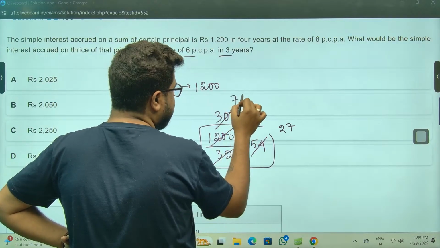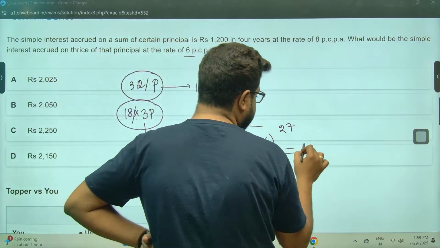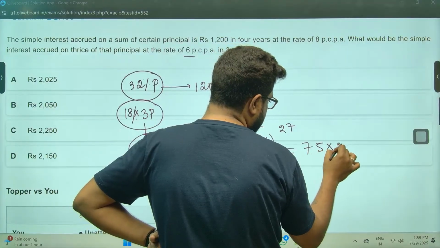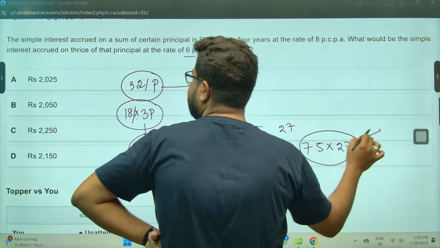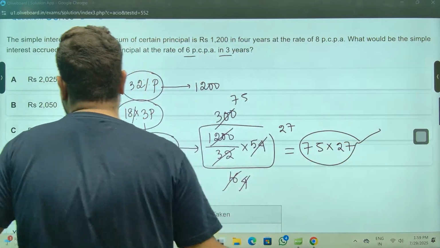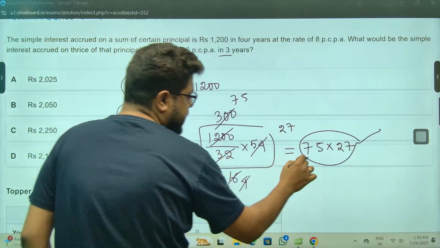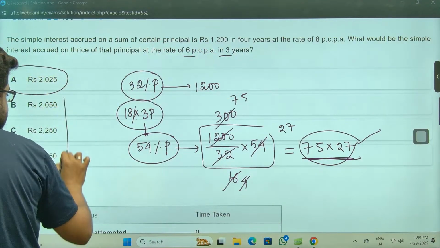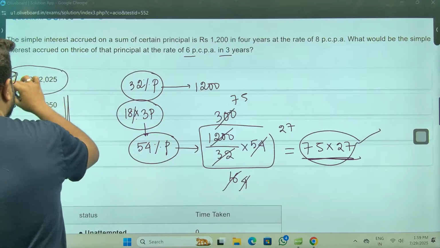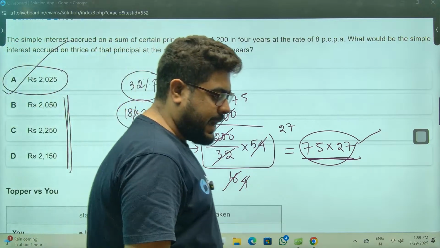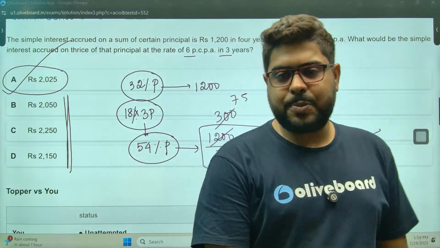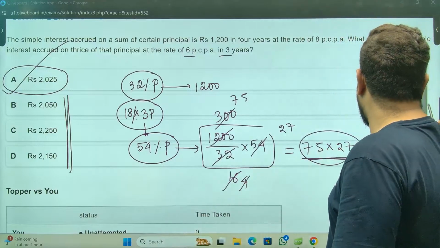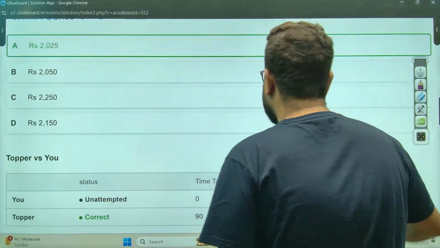And this is 75. 75 into 27. 0, 5. Sir, you see, the answer will end in 5. There is only one option that ends in 5. All the other options end in 0. So that has to be my answer. Option A. Option number 1, sir.